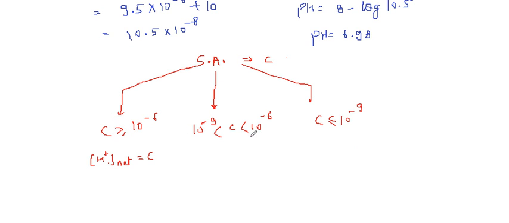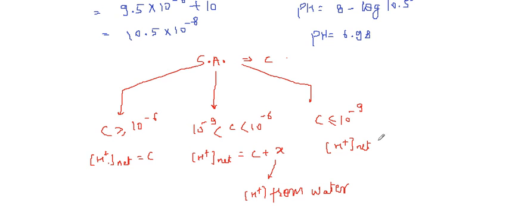When the concentration varies from 10 to the power minus 6 to 10 to the power minus 9, then H plus net comes out to be C plus X, where X is H plus from water. Further, if it is below that, then H plus net is 10 to the power minus 7.